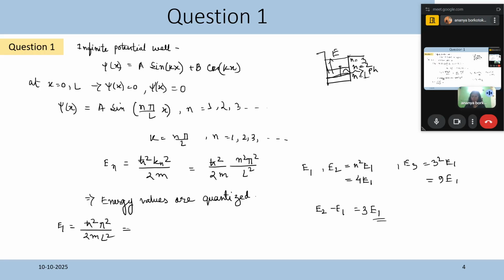Okay, this will be in joule because I am taking Planck's constant in joule, so I have to divide it with the charge, 1.6 into 10 to the power minus 19.